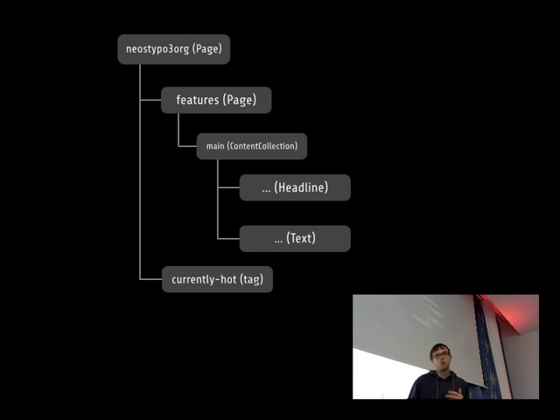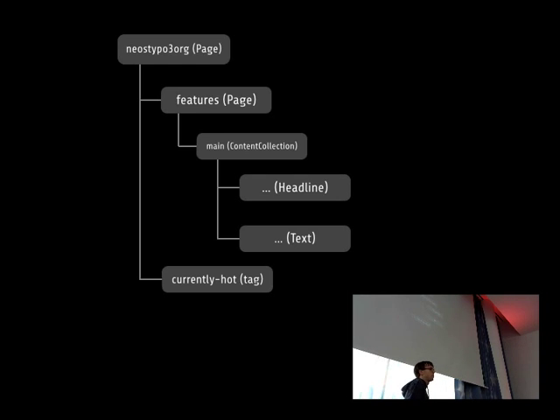I've shown that we use the node tree, which is a tree of pages, or document and content nodes. Pretty late in the process of developing Flow and Neos, we realized that a very important feature was missing. That was probably one year ago, really close to 1.0.